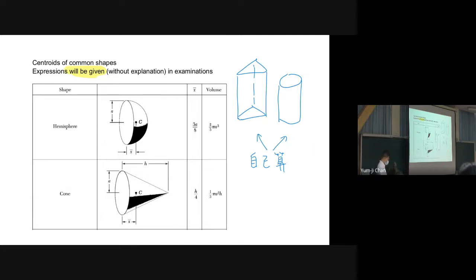Because the centroid of this shape is the centroid of the triangle, and then the height is, if this is h, this is half of h, right? Is that right? So I think you can do it. But for these 2 on the left, if I need them, I will give it to you. It's okay.